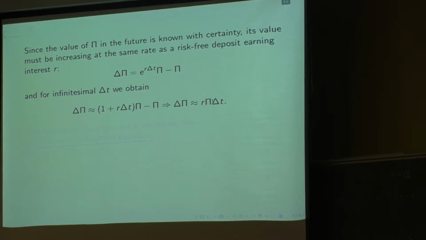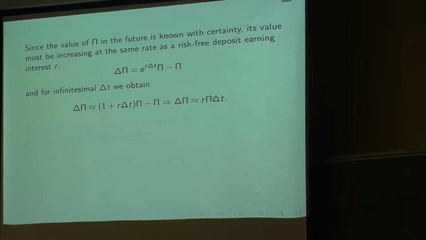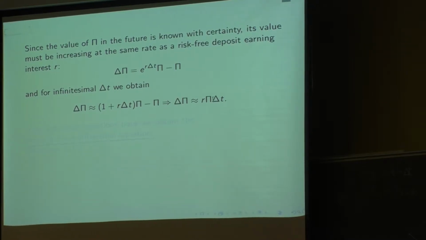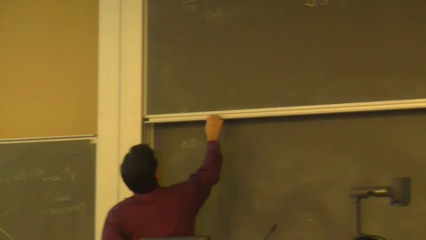So now let's write this down. What is this telling me now? So on the one hand, I just got the change in the value of the portfolio to be what is written over there, so it's R. Now I have to write Π.